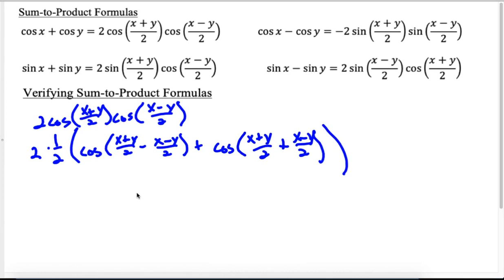So we can simplify this then. Obviously out front, 2 times 1/2 is just 1.